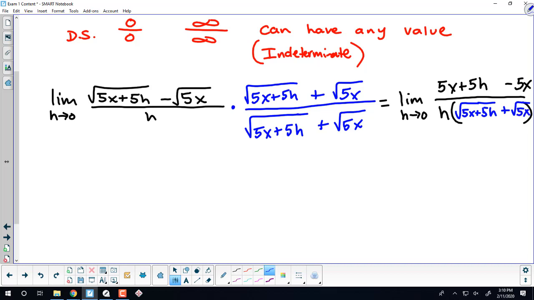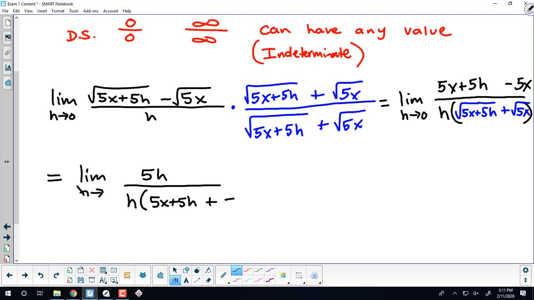Okay, and like was said, we're combining like terms in the numerator. And so we just have 5h up top, this stuff on the bottom. And then we see those h's divide out, that h and that h.